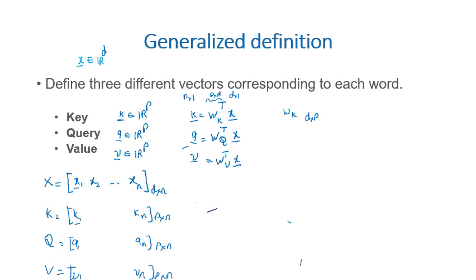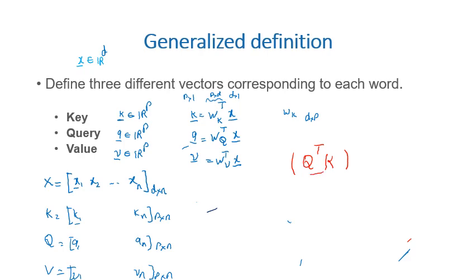So the way that we compute attention is in fact to compute Q transpose K, which is the dot product.